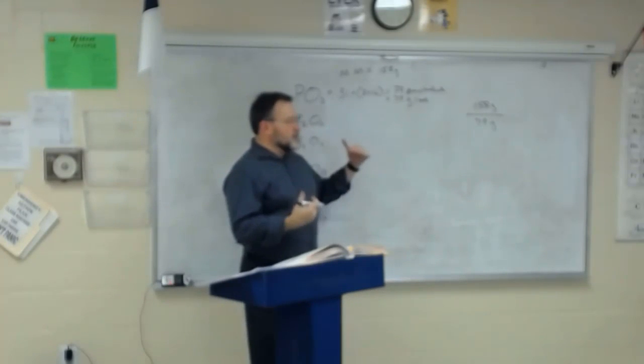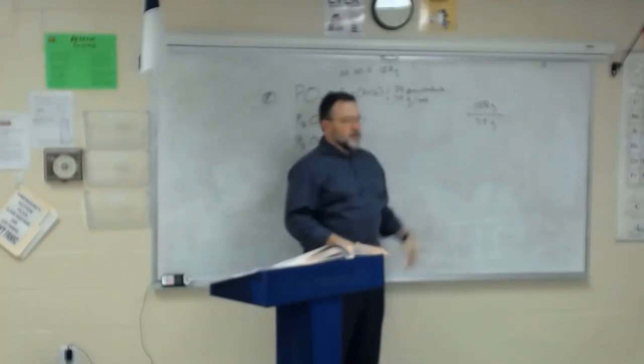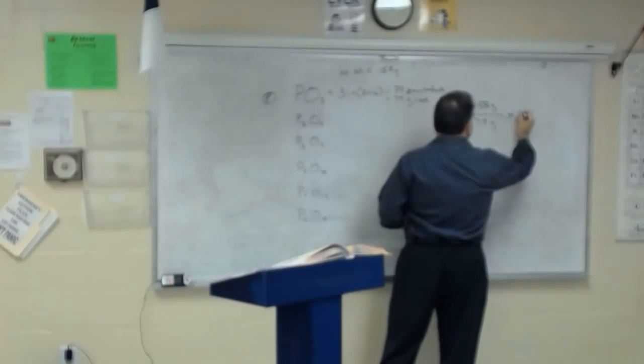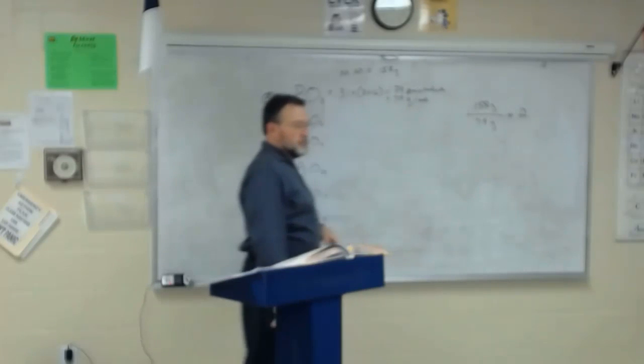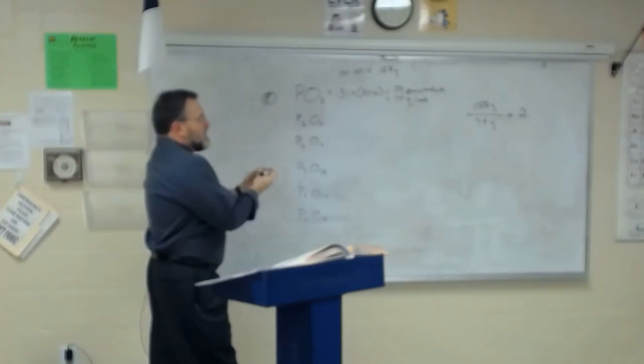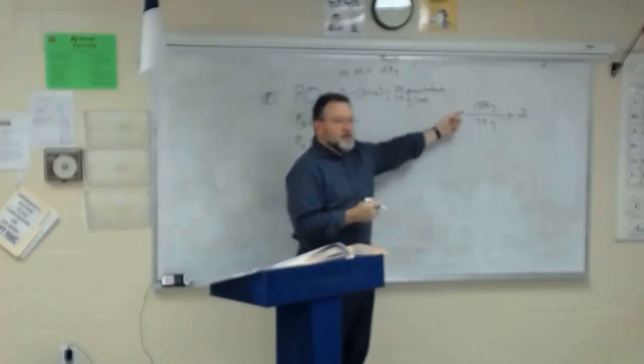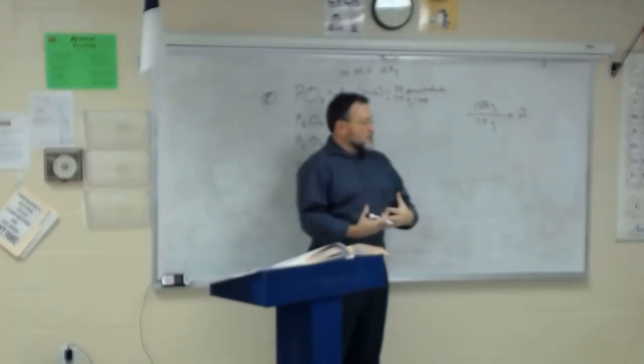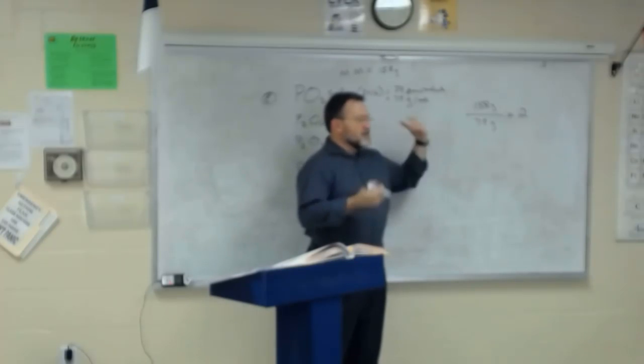How many times bigger is my actual than the empirical? Two. If my molecule actually has a mass of 158 grams and my empirical has a mass of 79 grams, my actual contains twice the components of the empirical.